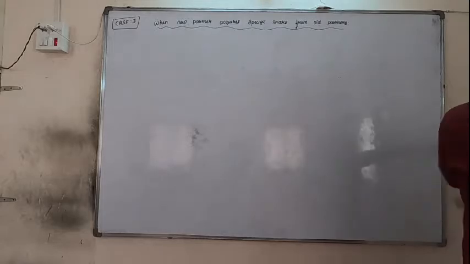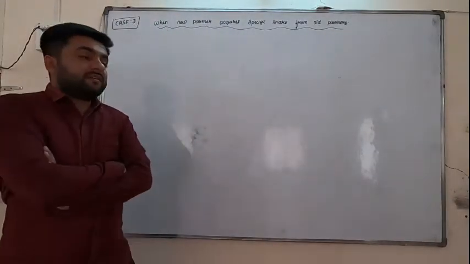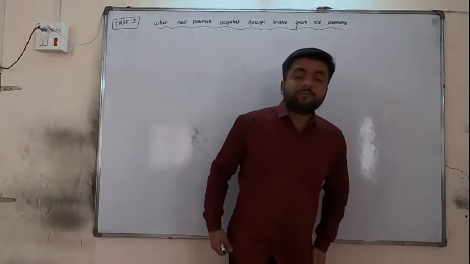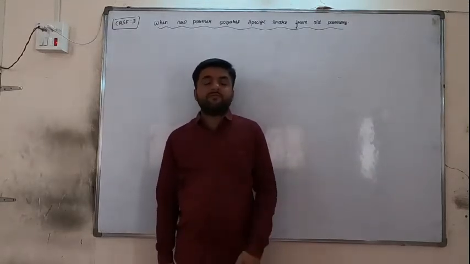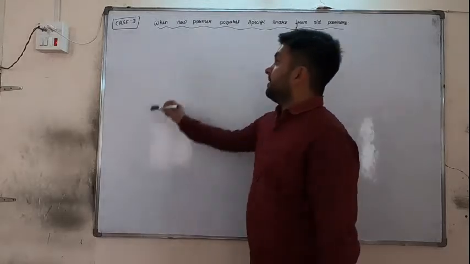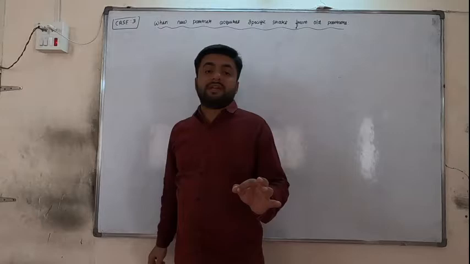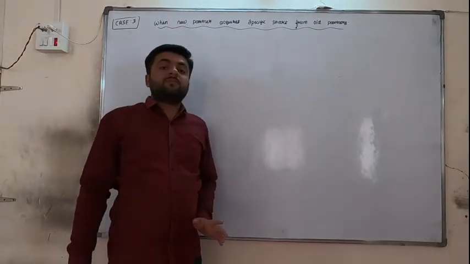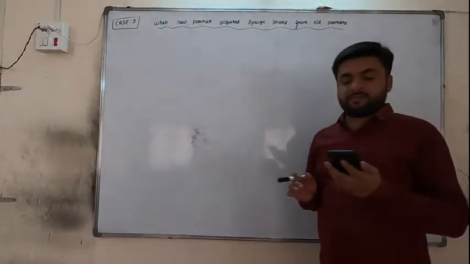When a new partner acquires a specific share from old partners. Now friends, the sums will be a little bit different, not difficult, different. In case 1 and 2, we have seen that only the old ratio and share of the new partner is given. Now in this sum, when a new partner is acquiring a specific share, it means he acquires the sacrificed share from some old partners. Then how to calculate the sum? Then which are the steps?